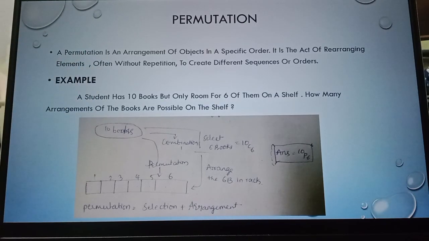Now we are arranging those 6 books, and for that the answer is 10P6. In 10P6 ways, we can arrange 6 books from the 10 books on a shelf. I hope you all understood this example.